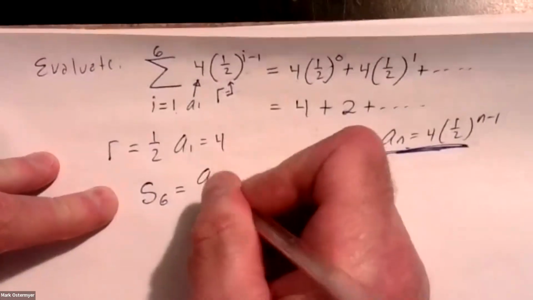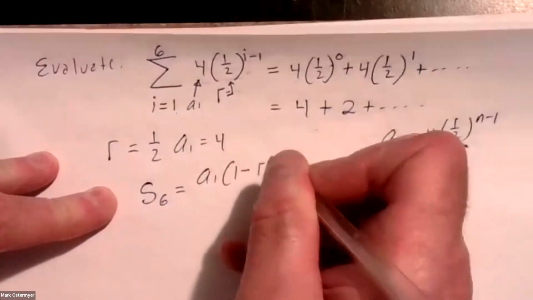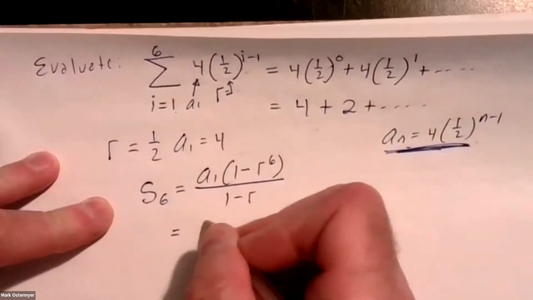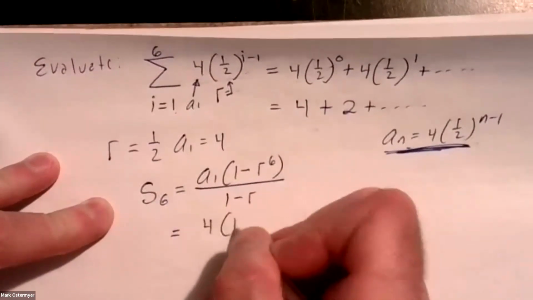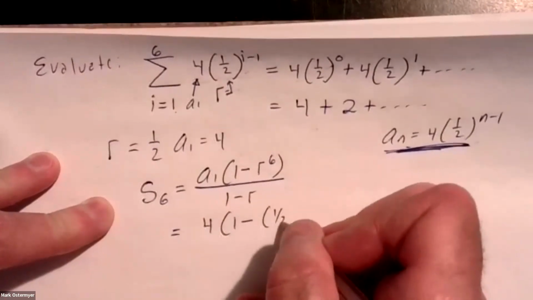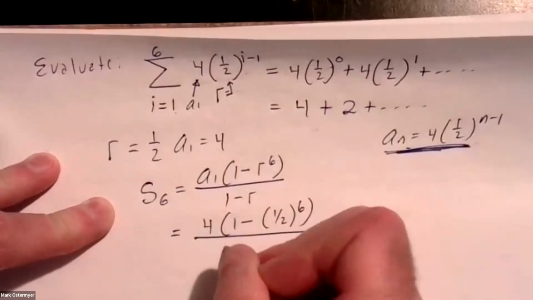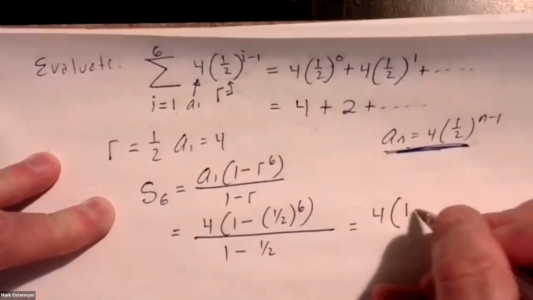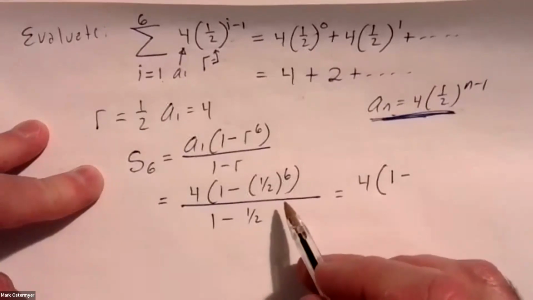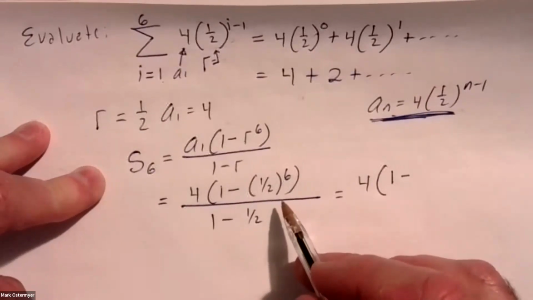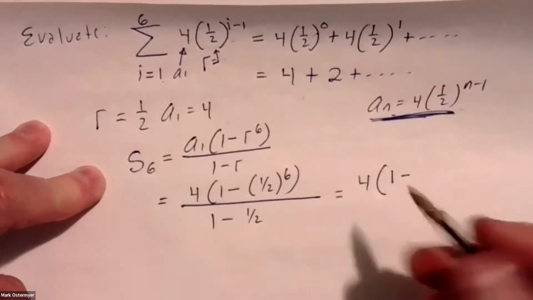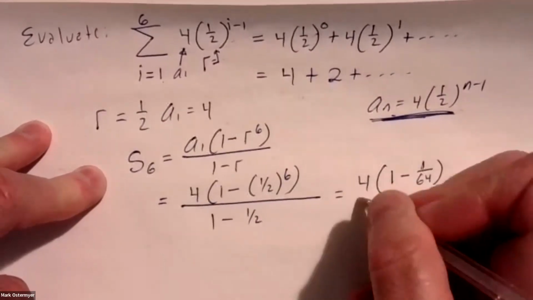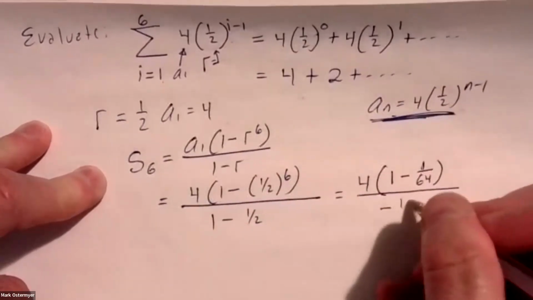Which is to say, our first term is 4 times 1 minus our common ratio 1/2 to the 6th power, divided by 1 minus 1/2. Now 1/2 to the 6th power, 1/2 times 1/2 times 1/2 times 1/2 times 1/2 times 1/2, is going to be 1 over 64. 1 minus 1/2 is negative 1/2 down here.